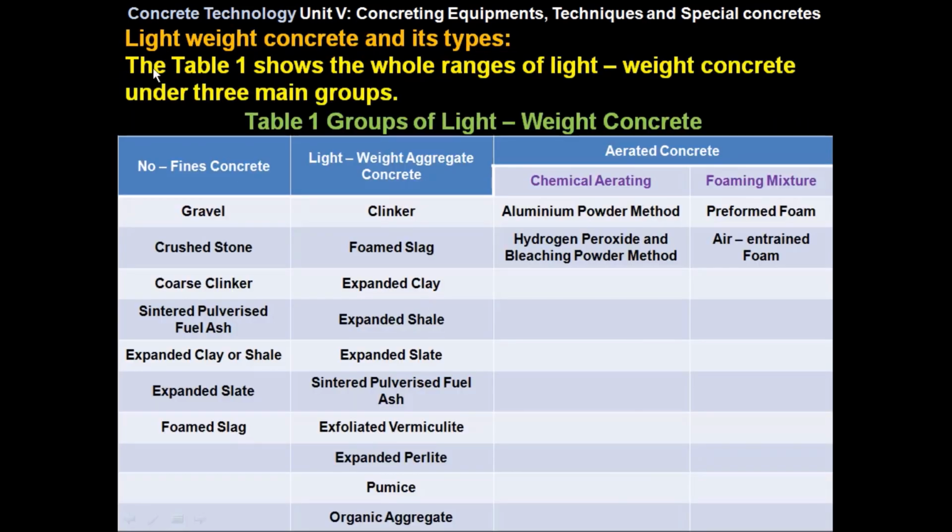Table 1 shows the whole range of lightweight concrete under three main groups. So here Table 1 is shown, groups of lightweight concrete. First group is the no fines concrete. Second group is lightweight aggregate concrete. And third is the aerated concrete. In that two subtypes are there, chemical aerating and foaming mixture.